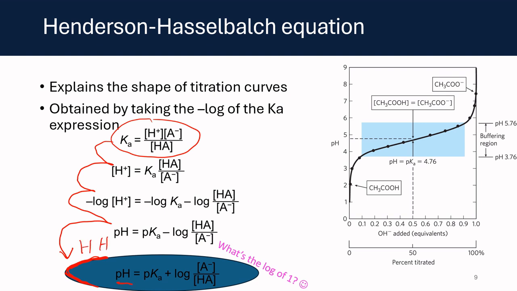The pH equals the pKa of a buffer component plus the log of A minus divided by HA, or the concentration ratio between deprotonated and protonated, or the conjugate base with its corresponding acid. This equation tells you what the pH will be for your buffer depending upon how much of column 1 and column 2 you mix into the solution.